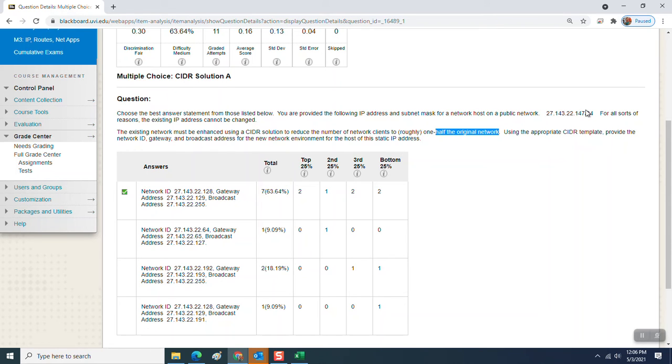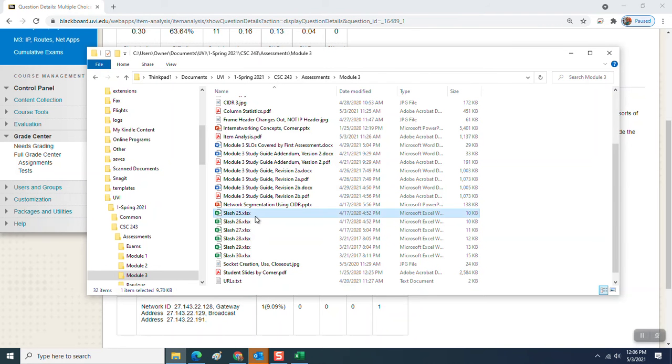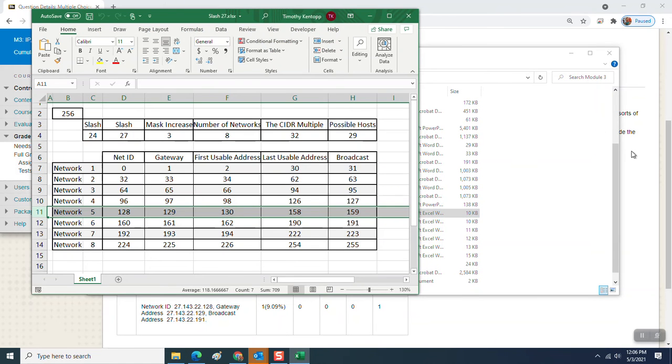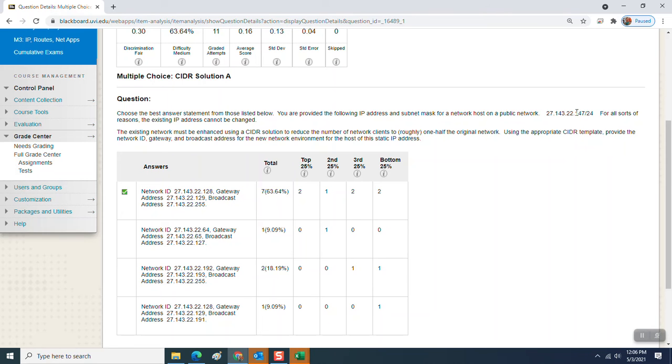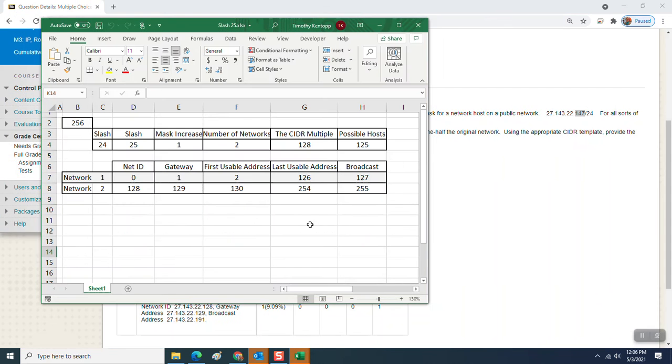Well, if you're cutting it in half, you're going from a /24 to a /25, which means we're opening the /25 and we're looking at the 147 address. The 147 address does not fall within the first usable range for network 1. 147 falls outside the first and last.